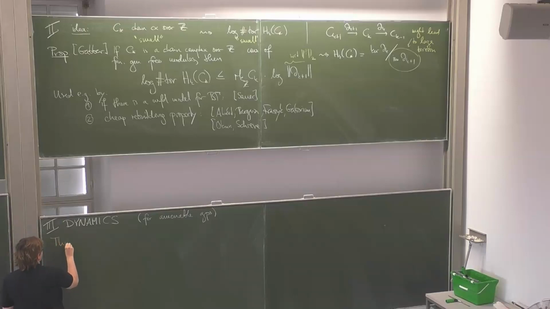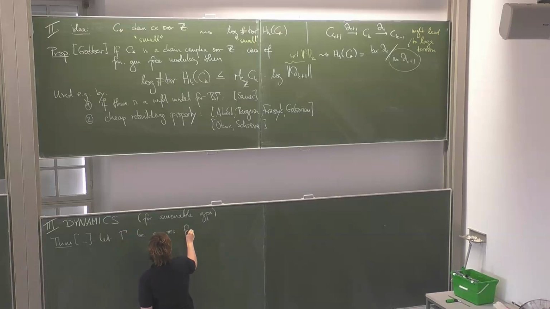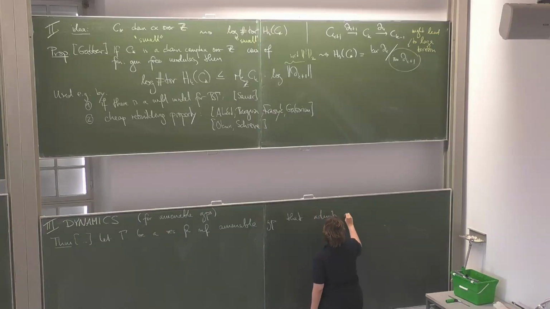Okay, so this is again a theorem by many people. Let gamma be a residually finite, infinite, amenable group. And then again, we need some finiteness conditions: that it admits a finite model for B gamma.